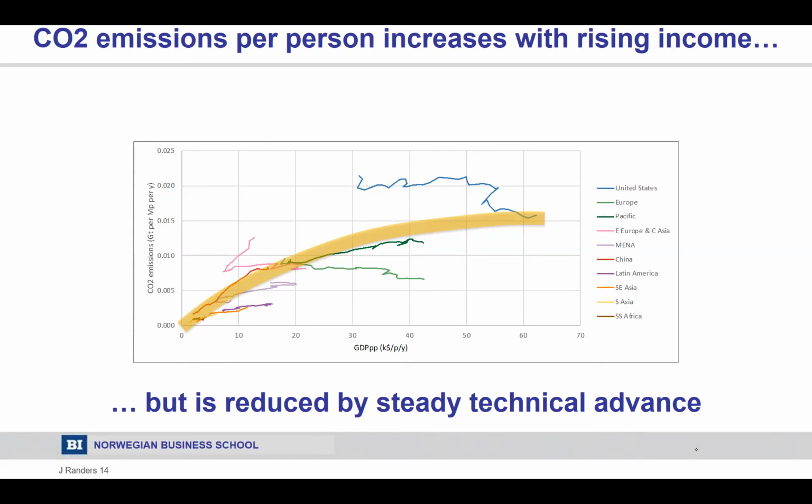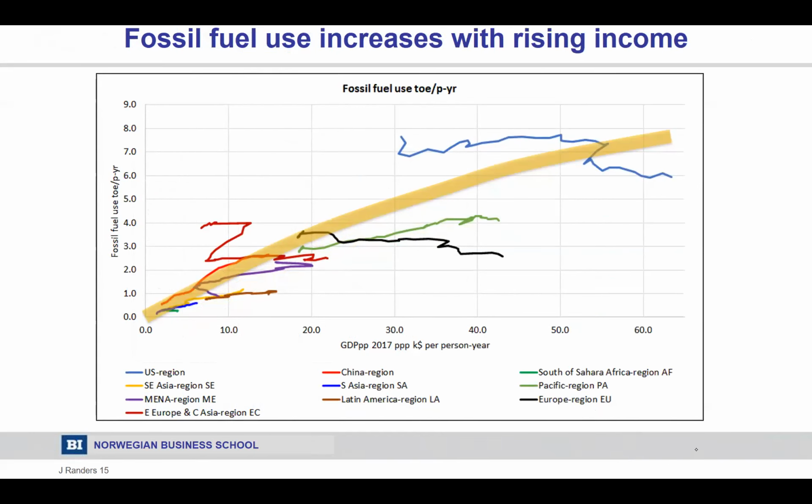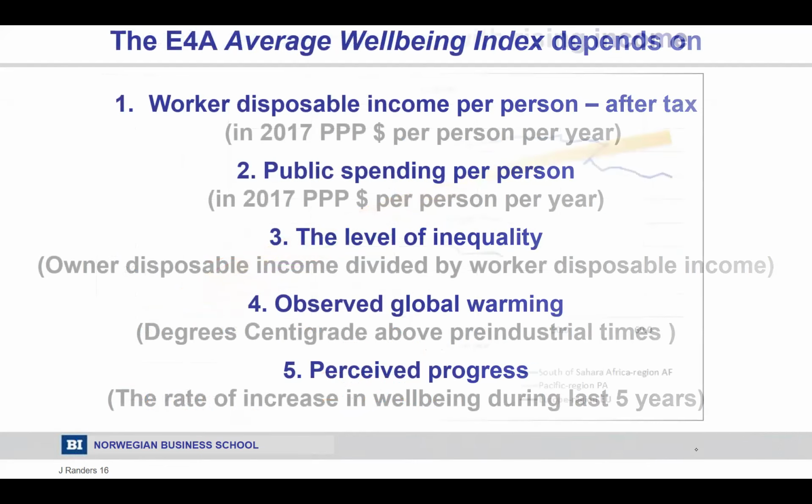So you can improve adaptation here much by introducing explicit technological advance in the graph. Fossil fuel use, again, increases with rising income, and that is it.